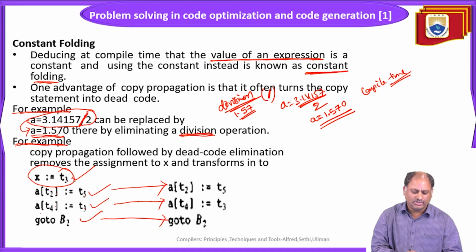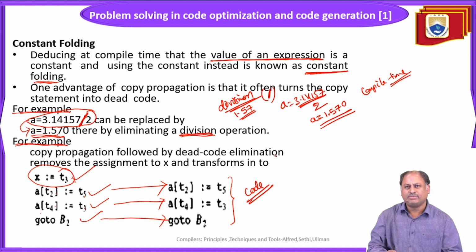Instead, we can eliminate this code, and instead of assigning to x, a transformation takes place. These transformations remove the assignment to x and transform it into a flow notation. This is the exact code that is to be developed and used for the execution of the program.